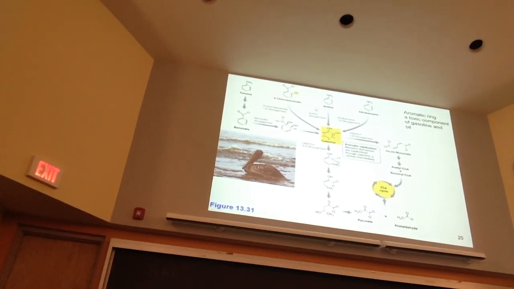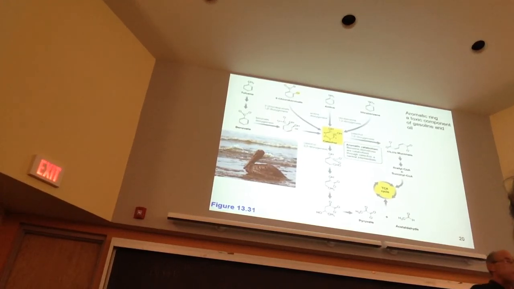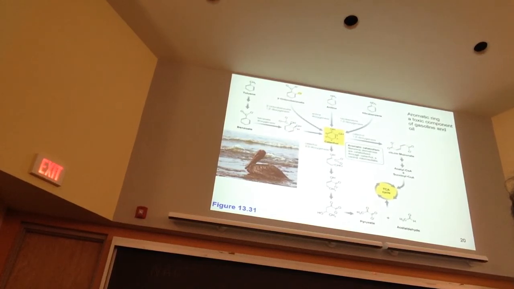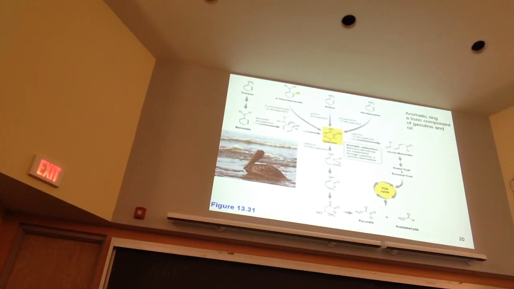Benzene, toluene, I guess this is a little bit more generalized. There's a lot of oil-based pollutants in the environment, and many of them are cycled to this central intermediate called catechol. And then the key step in breaking down these energy-rich aromatic compounds is to break that aromatic ring.